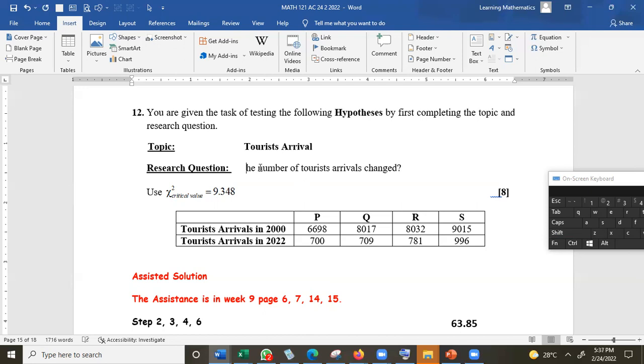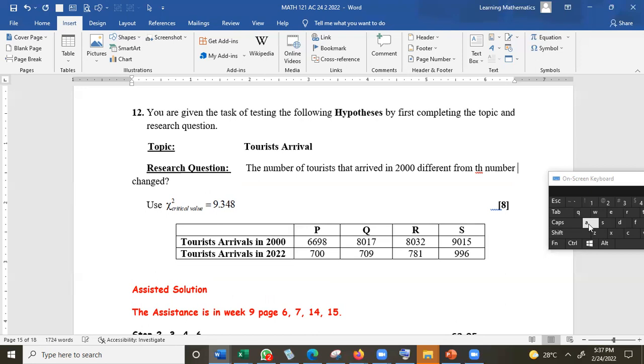I think it's a good idea to start a sentence with this: the number of tourists that arrived in 2000 different from the number in 2022? There are many other ways you can rephrase that question. Okay, but we get the idea.